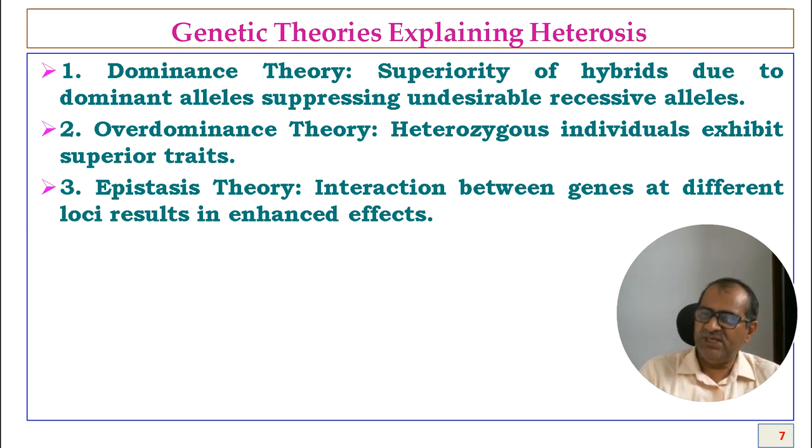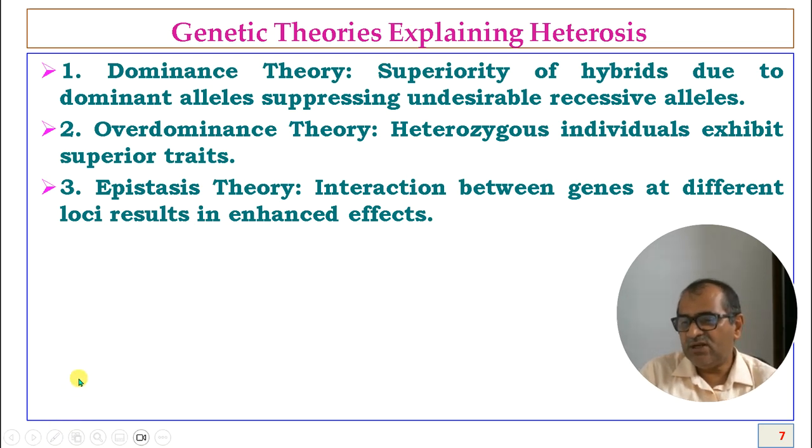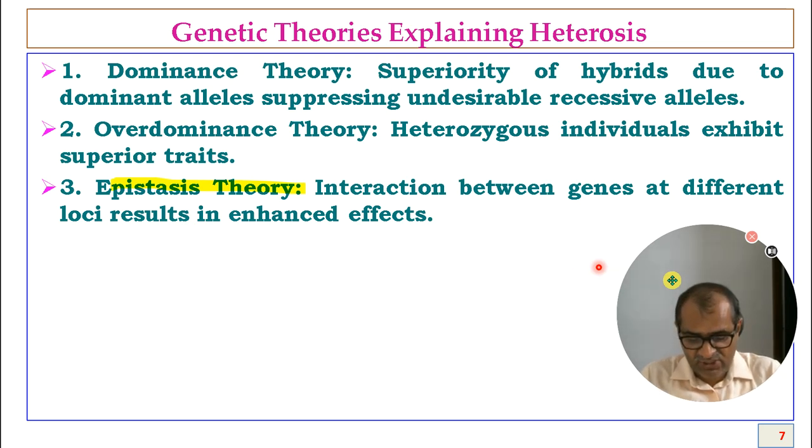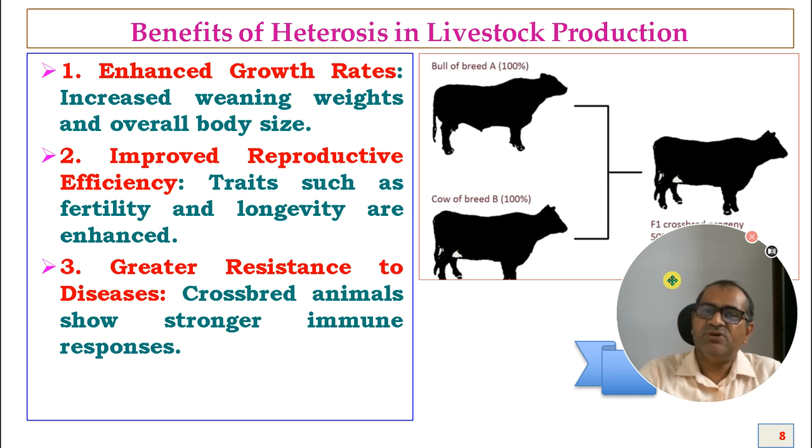The third theory is the epistasis theory, wherein epistasis means interaction between genes at different loci. It results in enhanced effects of the particular trait.